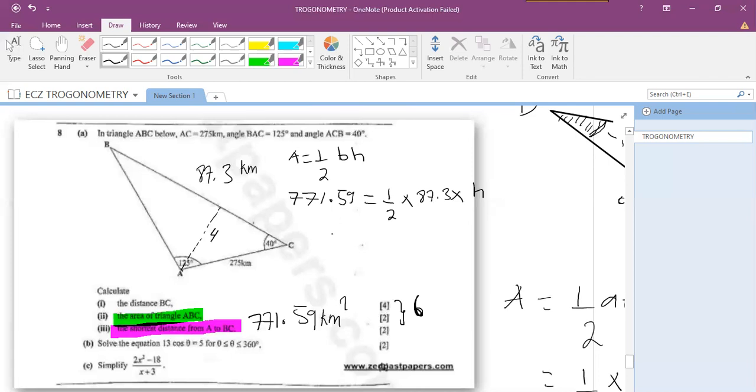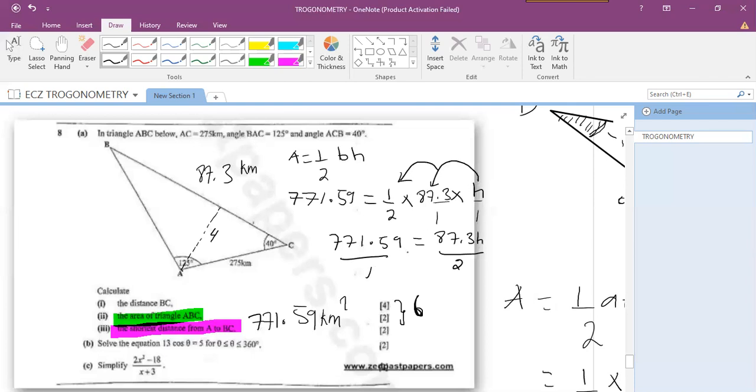So 771.59 is equal to 1 times 87.3 times height, all over, as I'm making everything a fraction over 1. So 87.3h over 2.